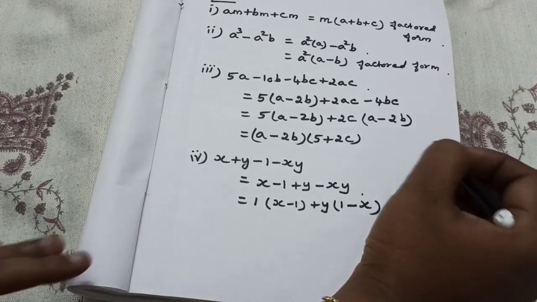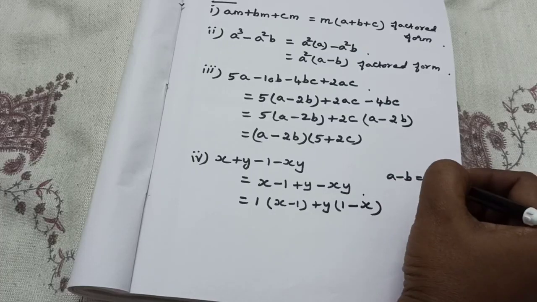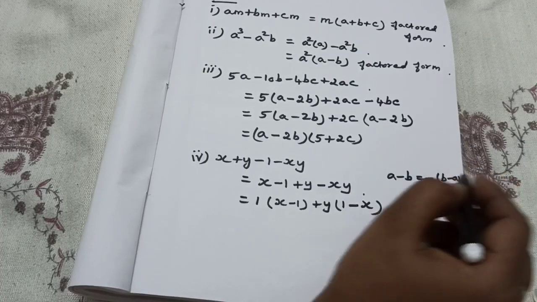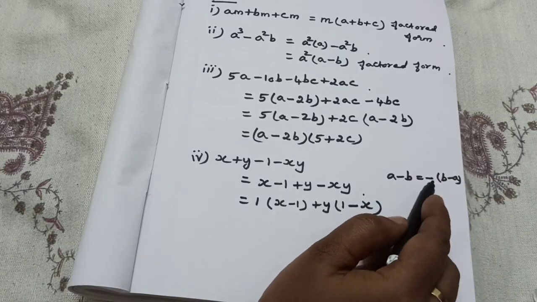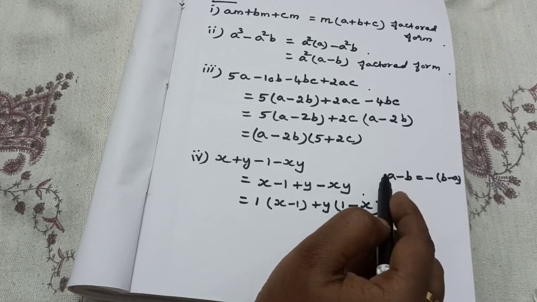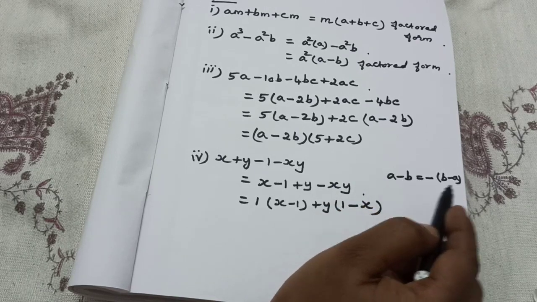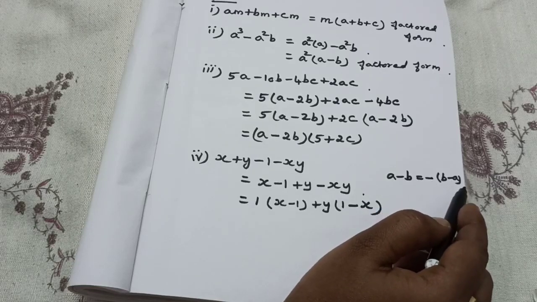Then how we can write? Suppose here a minus b is equal to minus into b minus a. Like this we can write. Minus b. This minus b. Minus into minus is plus a. Okay. This a minus b we can write as minus into b minus a.